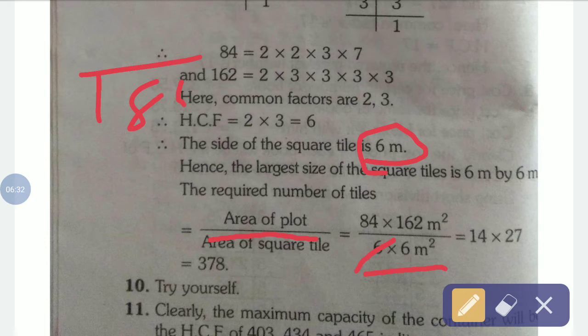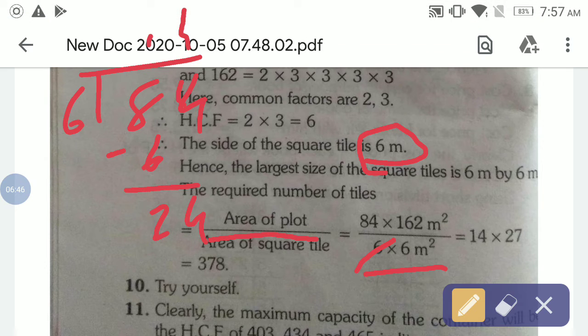Or if you know the simple method, divide 84 by 6. 6 ones are 6, 8 minus 6, 2, 24, and 6 4s are 24. So you will have 0. So you get 14.